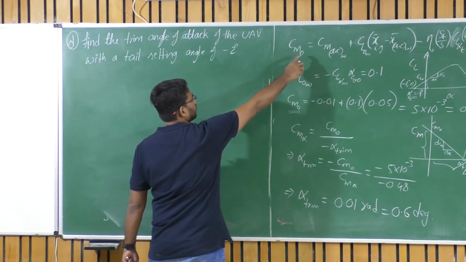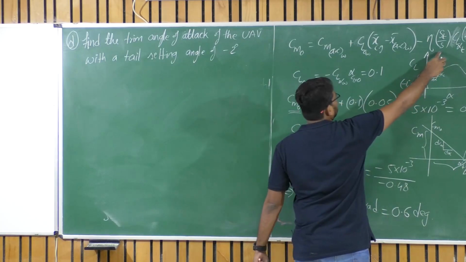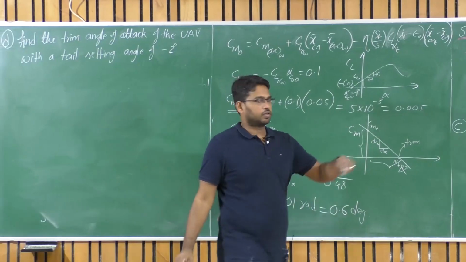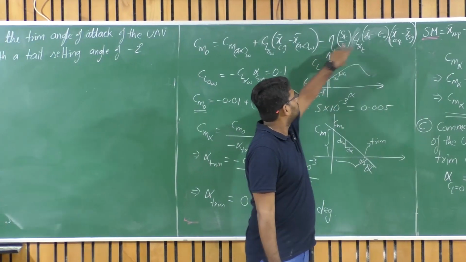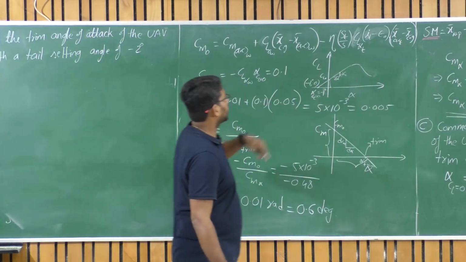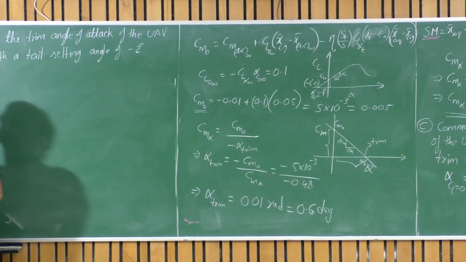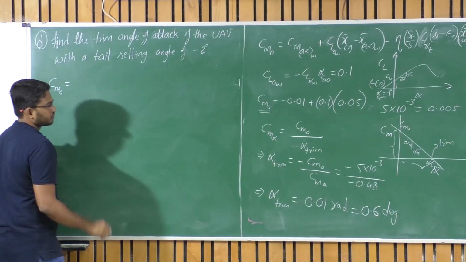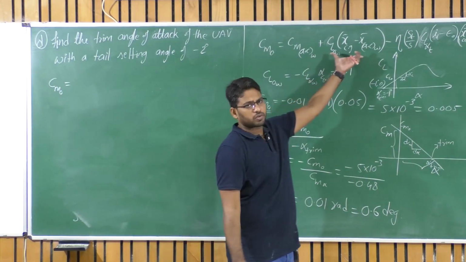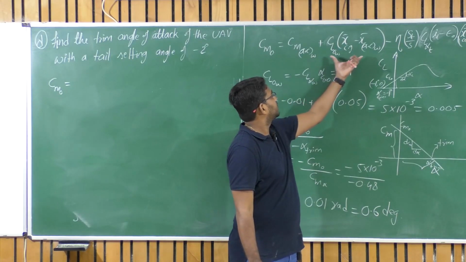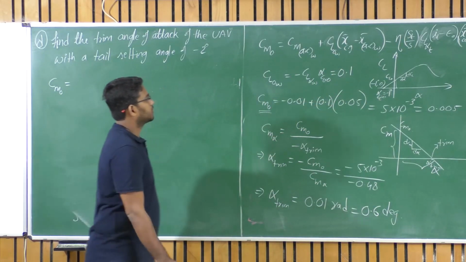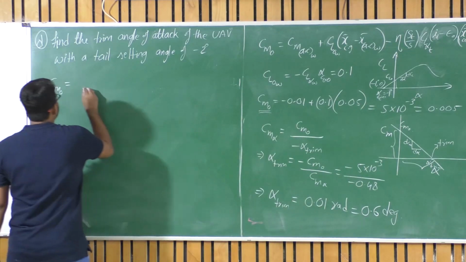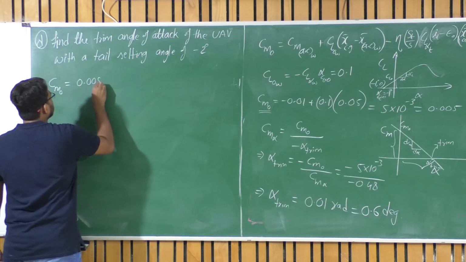So we know what this Cm naught is. Now we have the contribution from the tail, right? i_t is a definite value, it's not 0, so there is a contribution from here. We can't neglect this term, just like what we did earlier. So Cm naught with the i_t contribution: Cm ac is the same, and Cl naught times (xcg minus xac) is also the same, which I have as 0.005.